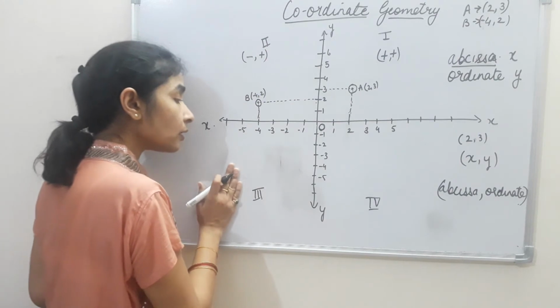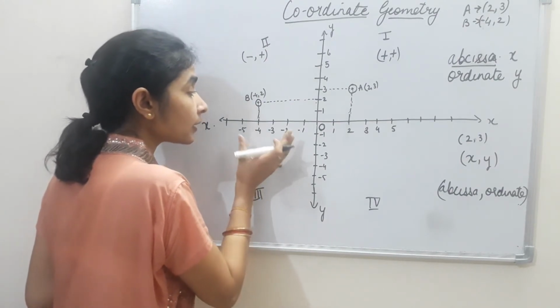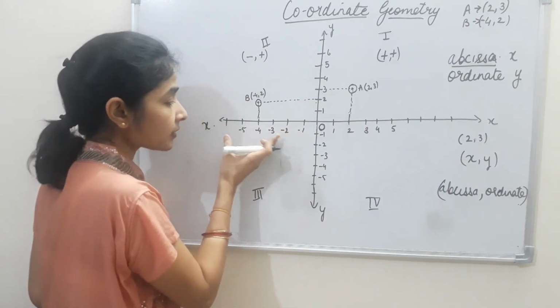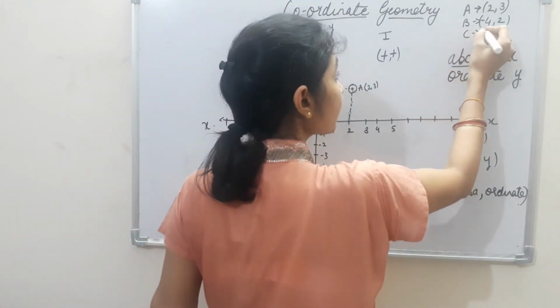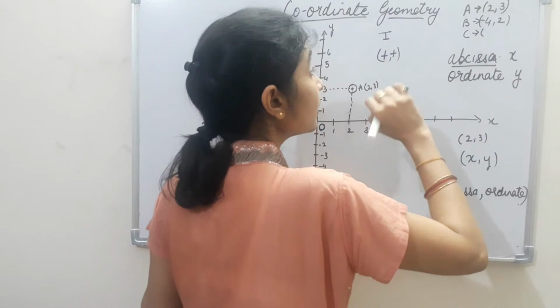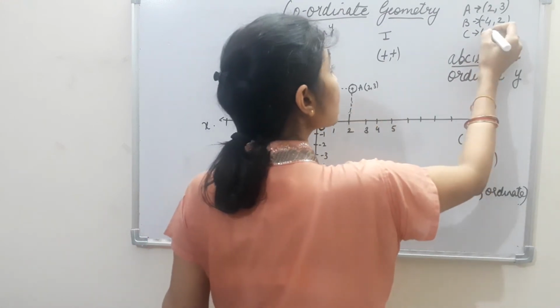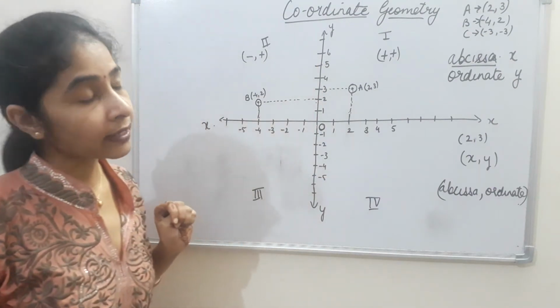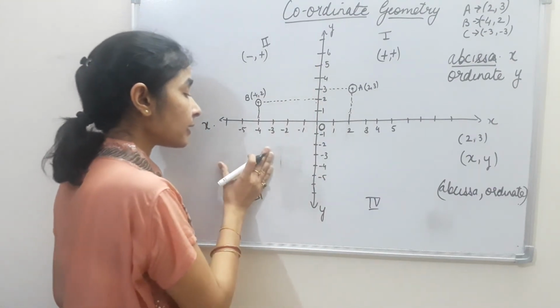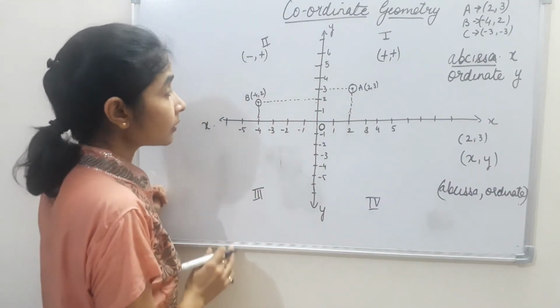Now coming to the third quadrant. If we carefully see here, both are negative, x as well as y. So when we are given a point to mark which has both negative coordinates, for example -3 and -3, x is also -3 and y is also -3, in that case it will appear in the third quadrant.